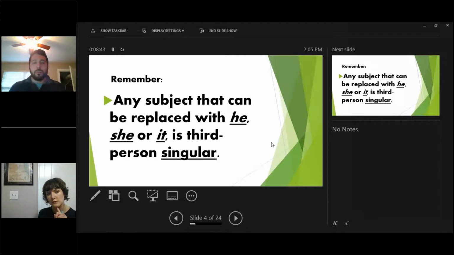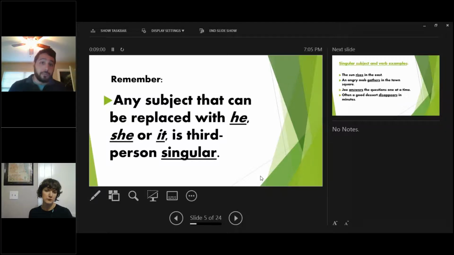So what this singular subject-verb agreement is about really is that any subject that can be replaced with he, she, or it, those pronouns I was just referring to, that's third person singular. So, just for an example, the dog runs.